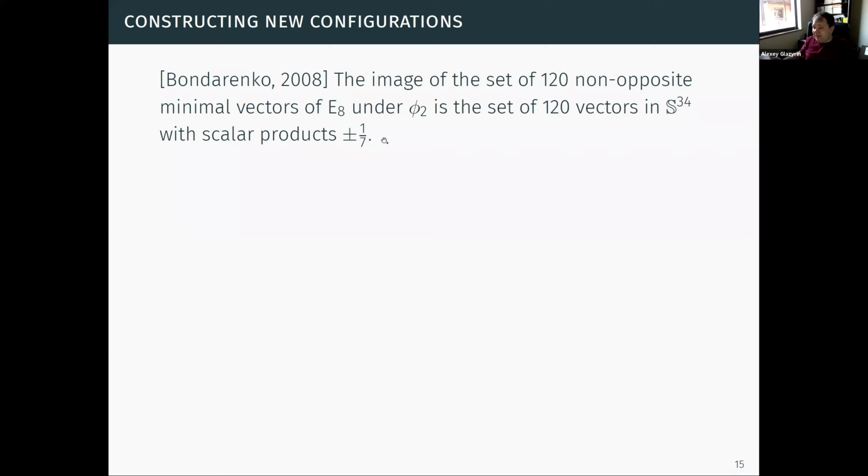I wouldn't say it was new, because you clearly can associate a strongly regular graph to minimal vectors of E8, and it's just going to be a spherical embedding of a strongly regular graph in dimension 35. But still, it was a nice find that you can get E8, and using this mapping, you can get a nice set in dimension 35. And of course, it's an optimal packing of lines as well.